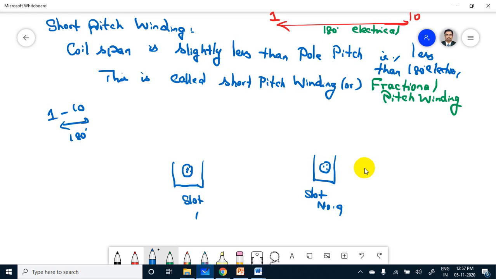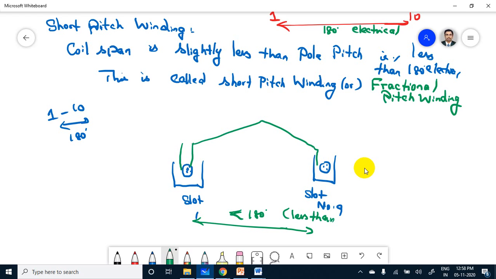But if you measure 1 to 9, the angle is less than 180 degree. This symbol is called less than 180 degree, which is connected like this. Understand?